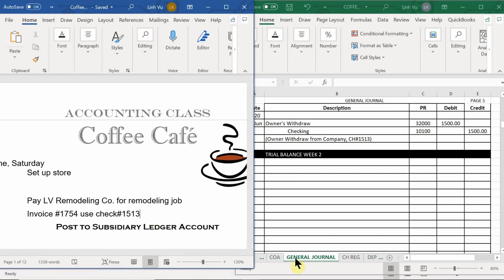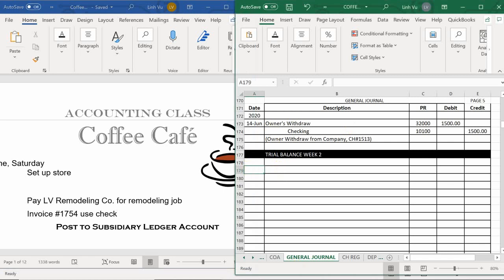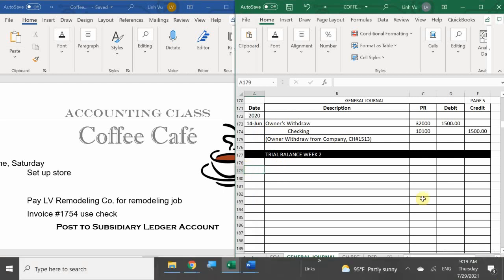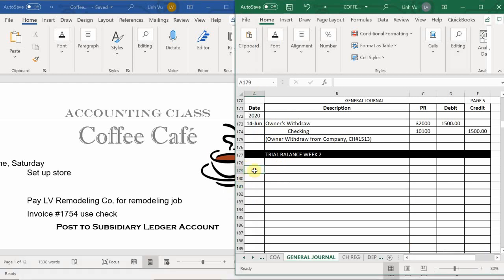Ignore this number because that's not right. It's 1514. So here we're going to pay a bill.